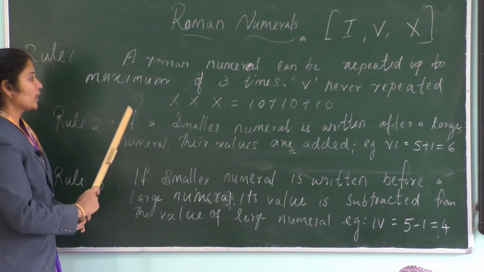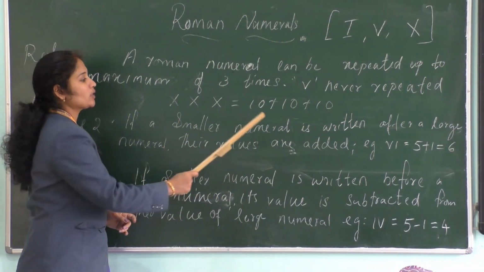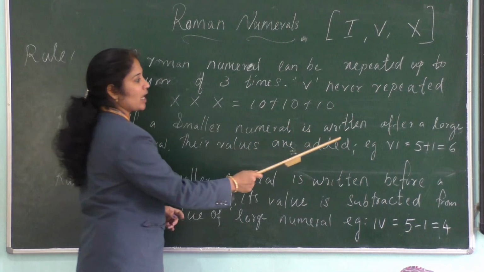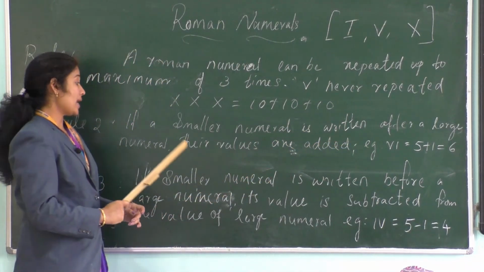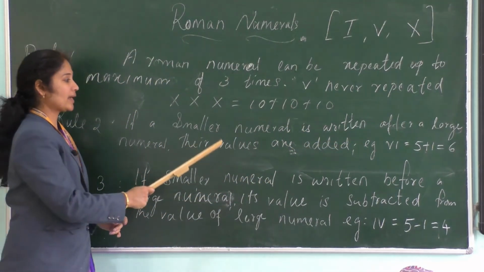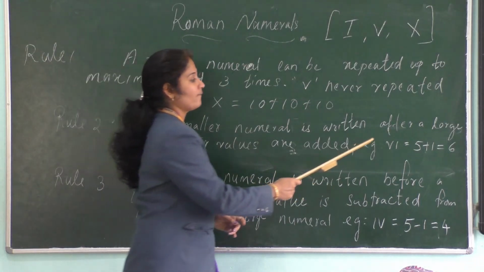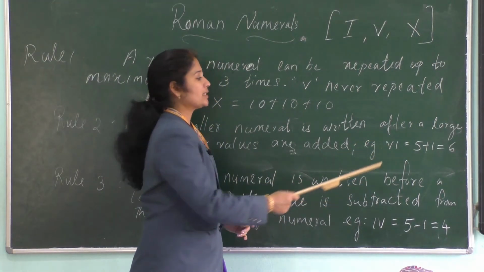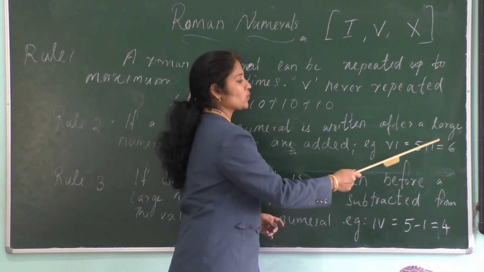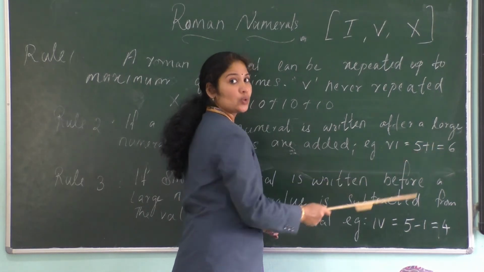Rule number 2, if a smaller numeral is written after a larger numeral, their values are added. Example, VI is equal to 5 plus 1 is equal to 6.